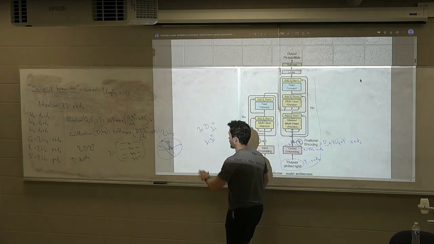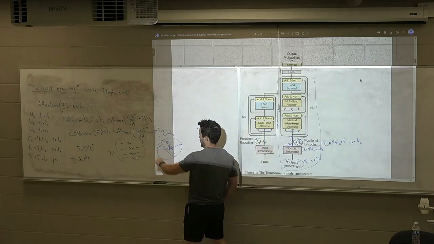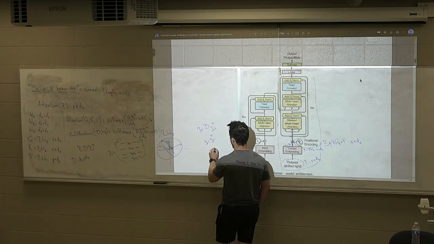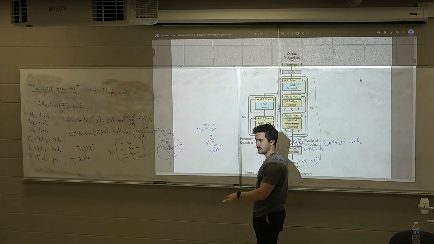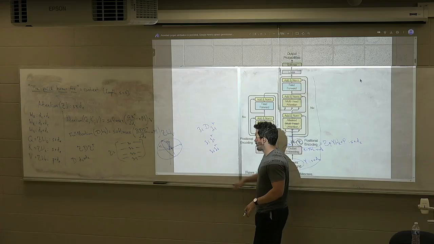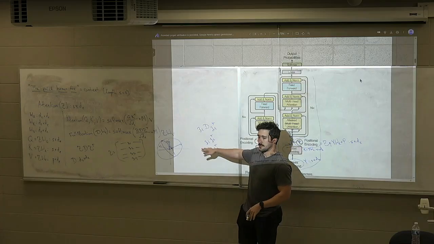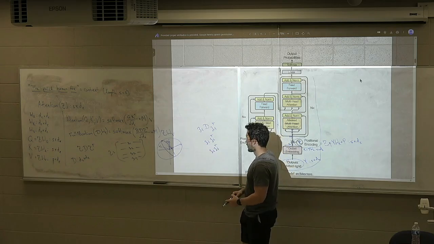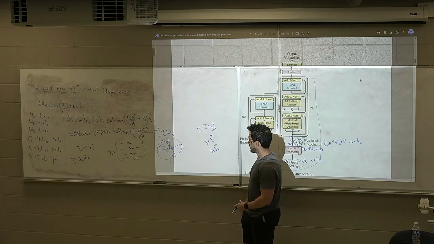Now the thing is, we're not just doing it on individuals, we're actually doing it on all of Z. So what it's going to do is it's going to say, well, you can imagine doing Zi times Zj transpose, which would be two words, and you're projecting them on each other. And they're positionally encoded in. But then you're also going to apply D, so you're going to weight particular projection directions. So it's going to capture the interrelations between words. And it's going to be pairwise for every pair of words.